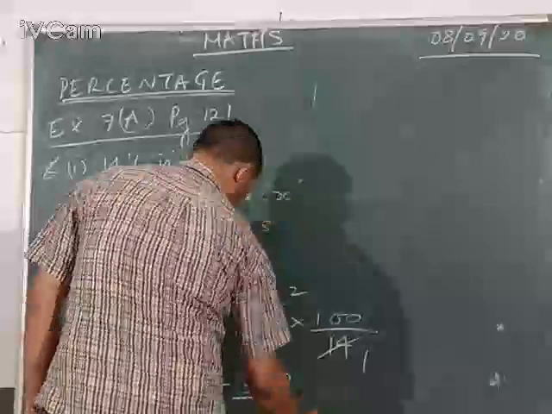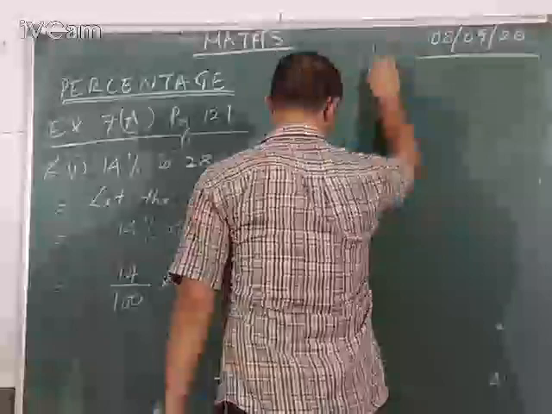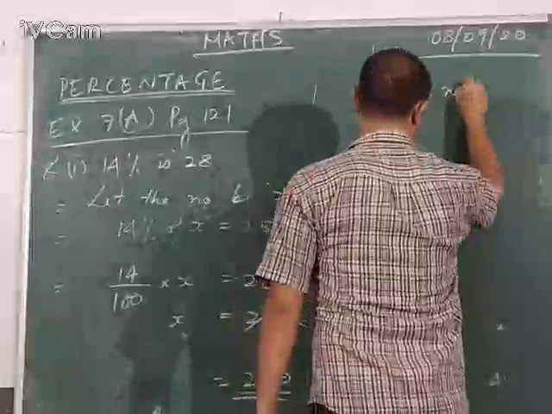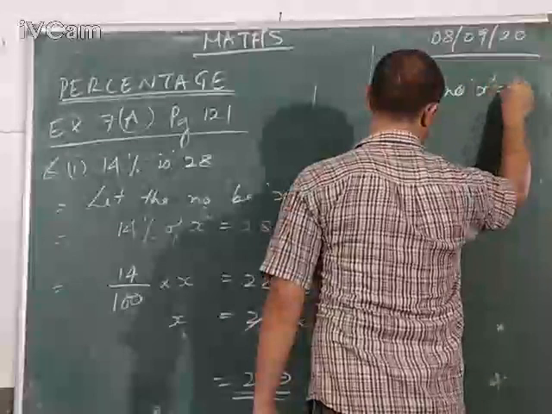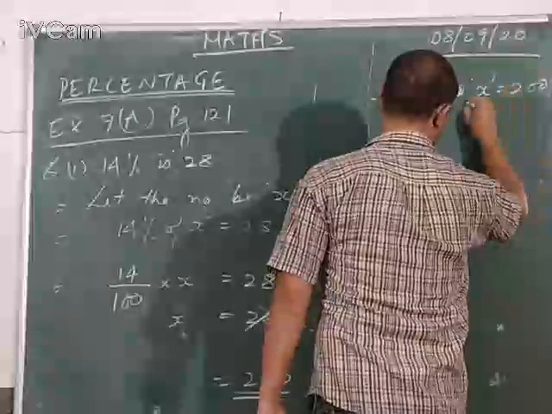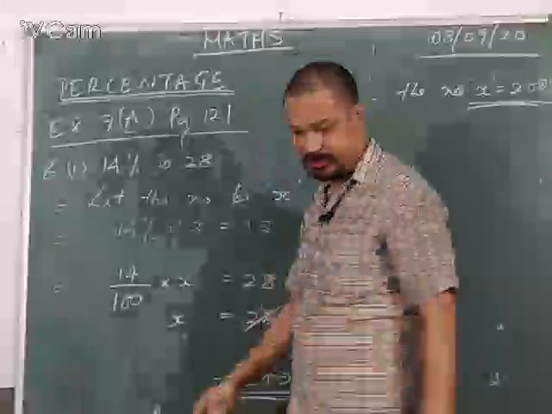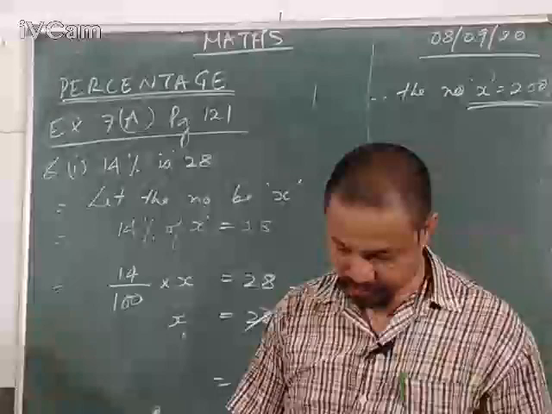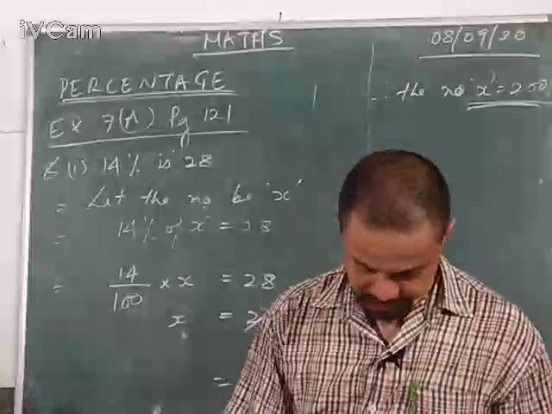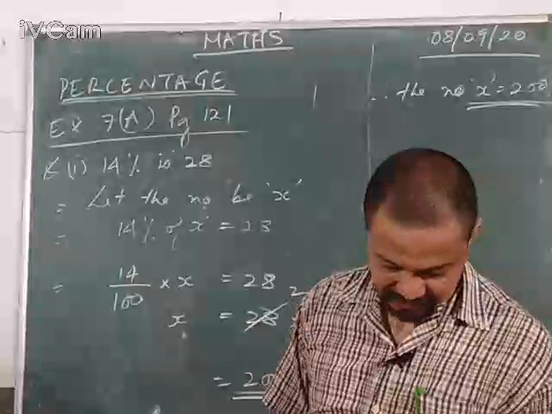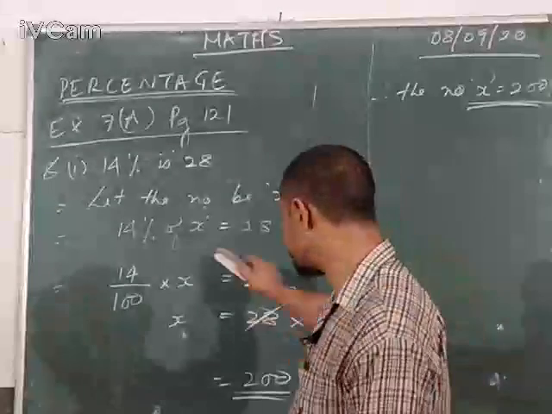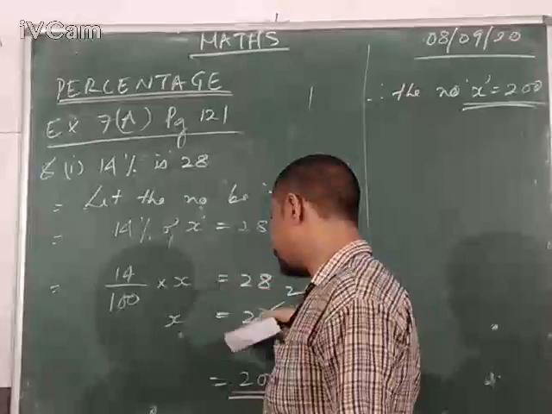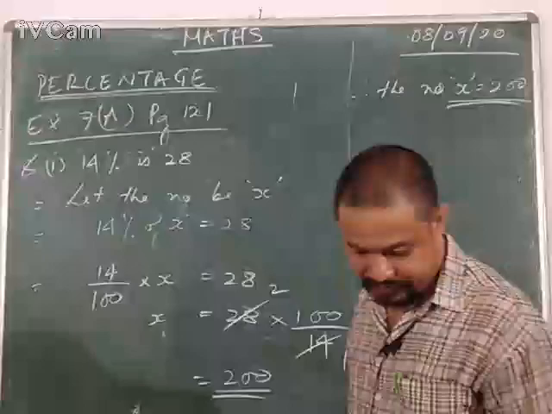So therefore the number x is equal to 200. Easy, nothing much to stress. When 14 upon 100 goes that side, it becomes reciprocal. These are the few little steps that you need to know.